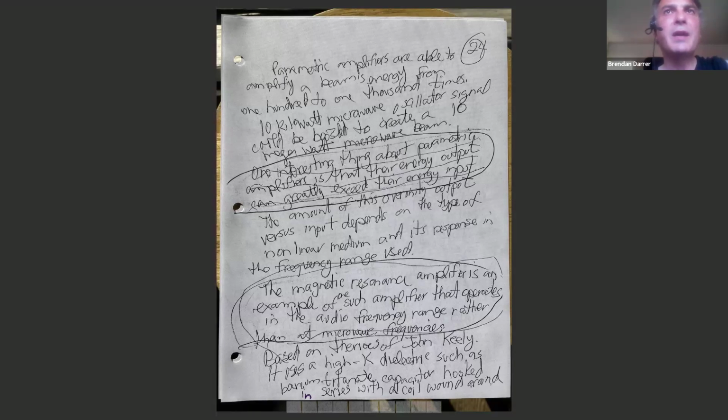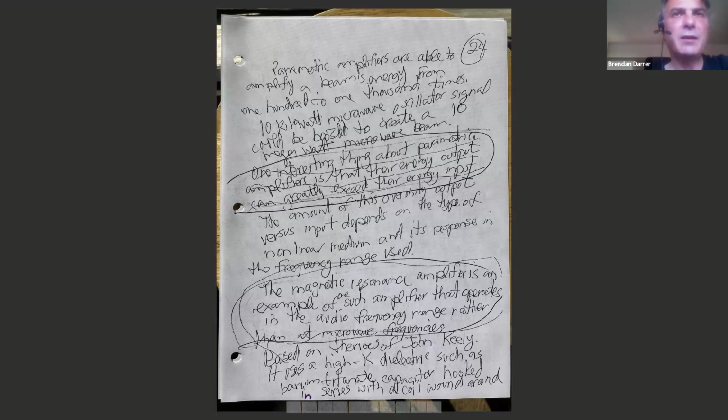One interesting thing about parametric amplifiers is that their energy output can greatly exceed their energy input. The amount of this over unity output versus input depends on the type of nonlinear medium and its response in the frequency range used.